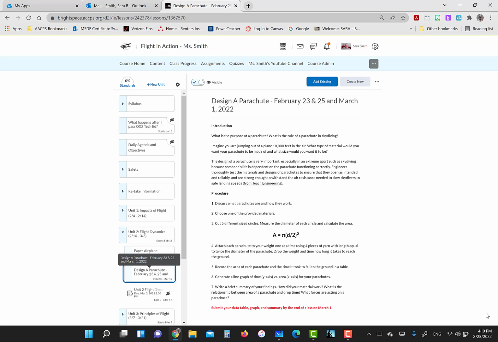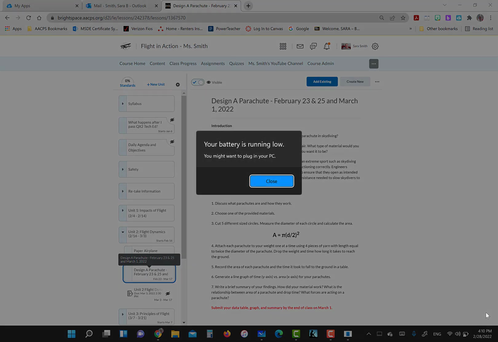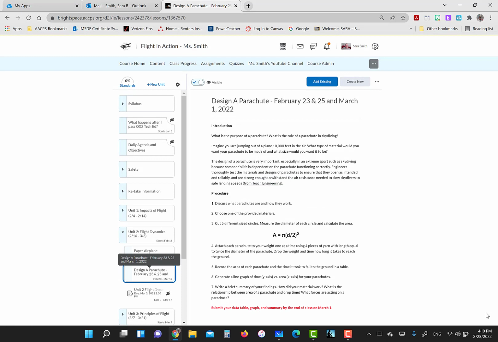How did your material work? What is the relationship between the area of a parachute and drop time? What forces are acting on a parachute? I want these in complete sentences so that you can formulate your thoughts and your summary. So please make those in nice, complete sentences.